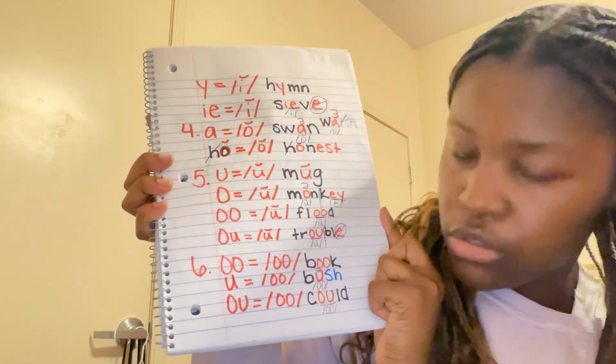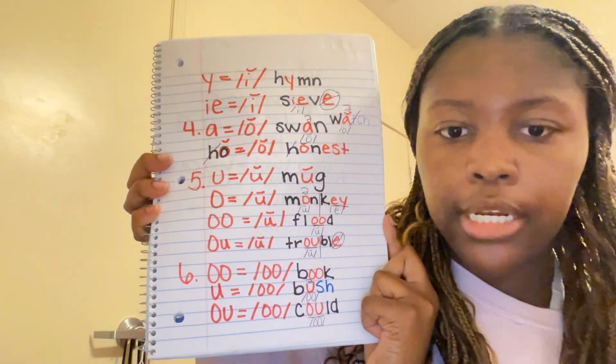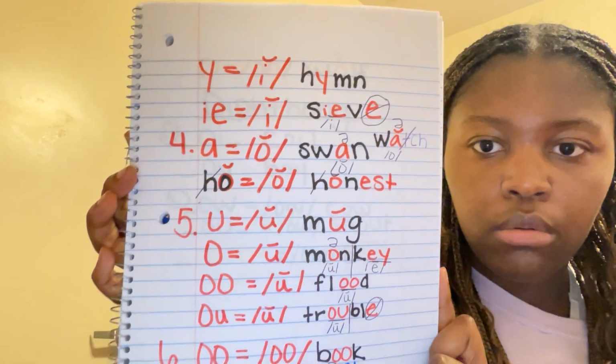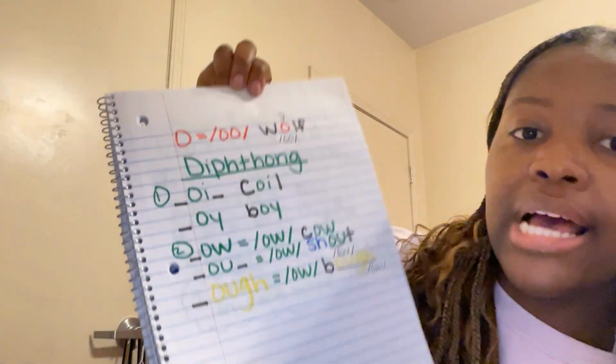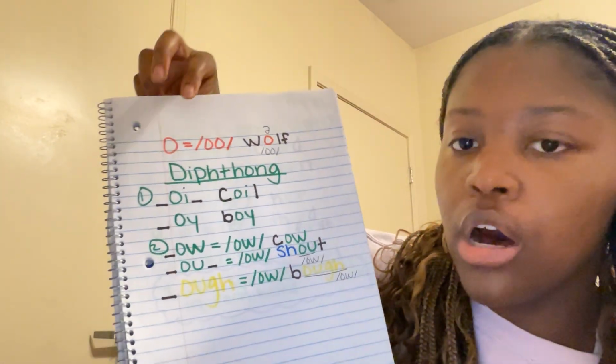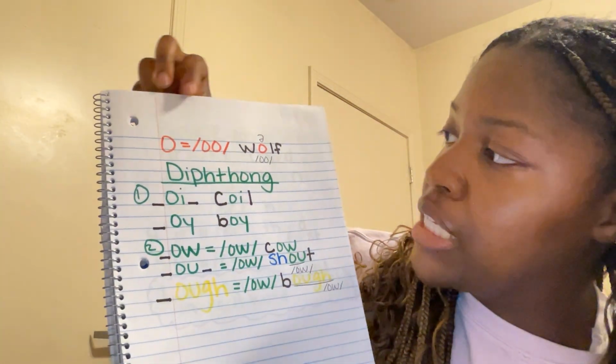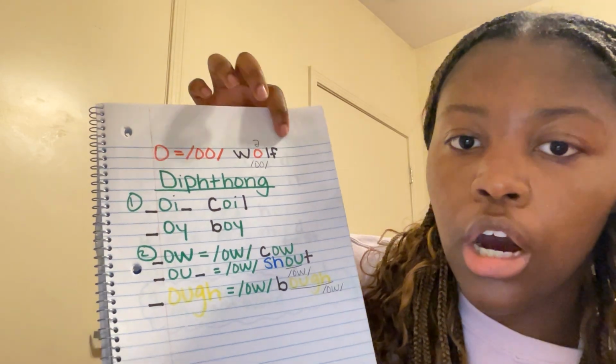I thought about using the word would, so here's that. Okay. Lastly, I have the double O sound that makes oo, like in woof.